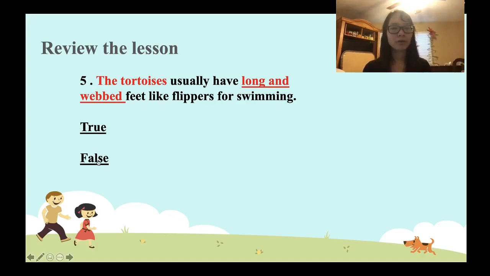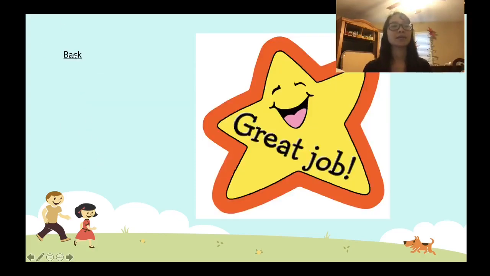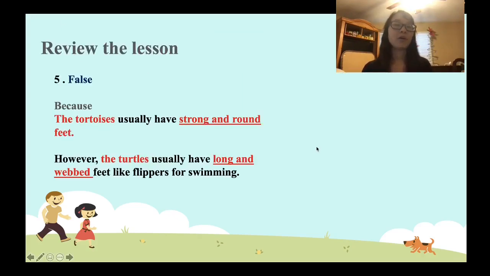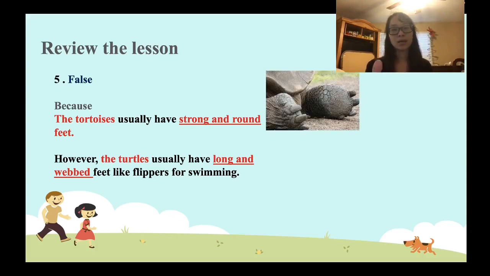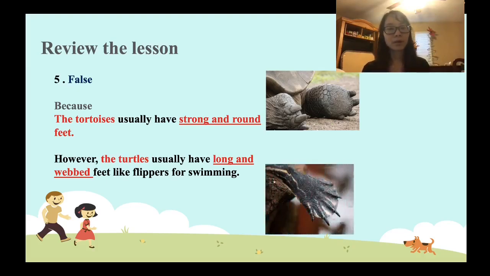So it's false, because tortoises usually have strong and round feet. However, turtles usually have long and webbed feet like flippers for swimming. See the first picture is tortoise feet. They have strong, round, sturdy feet. But the turtle has long and webbed feet like flippers, you see, for swimming.